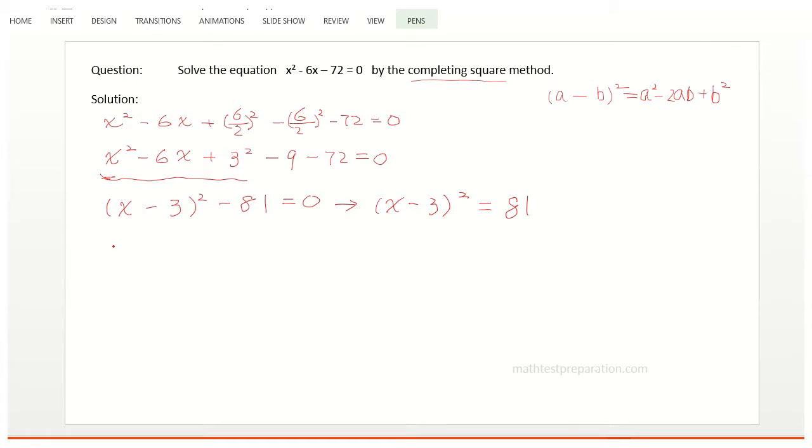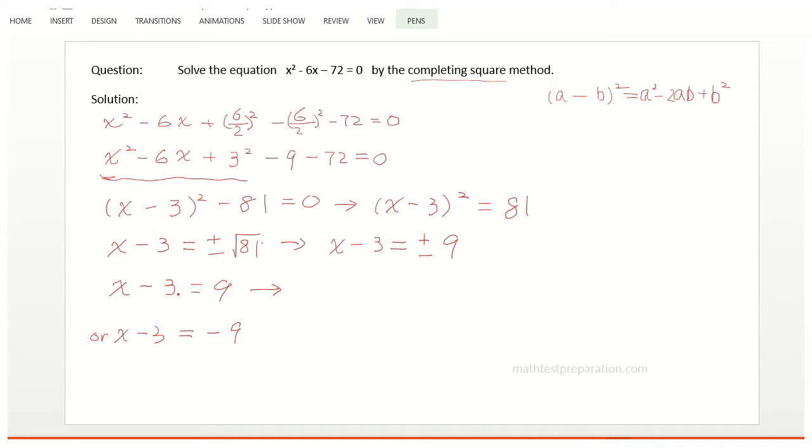From here, we have x - 3 equals positive or negative square root of 81, which is x - 3 equals positive or negative 9. So we get x - 3 = 9, or x - 3 = -9.